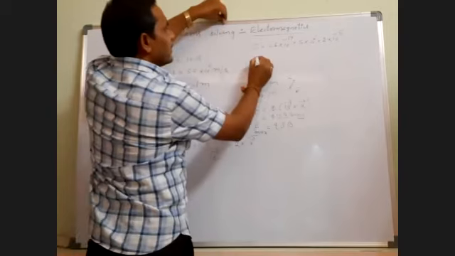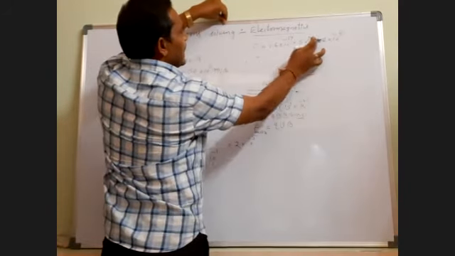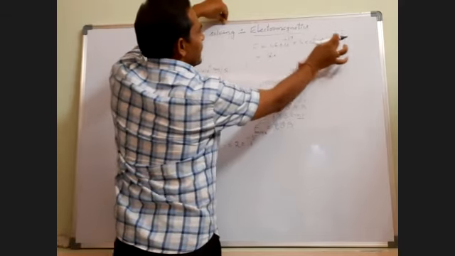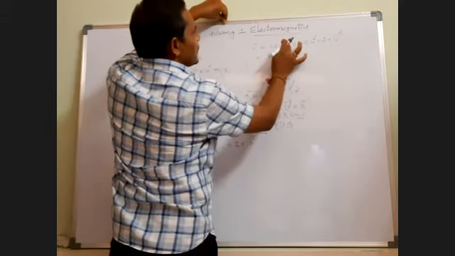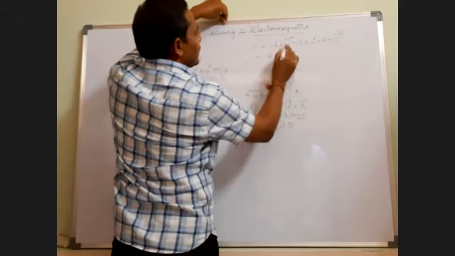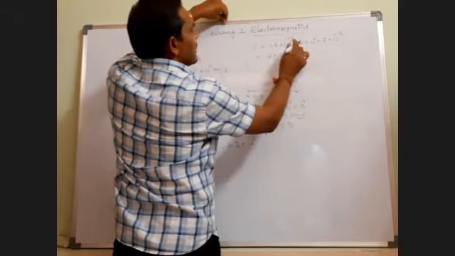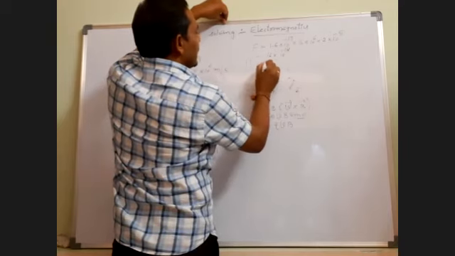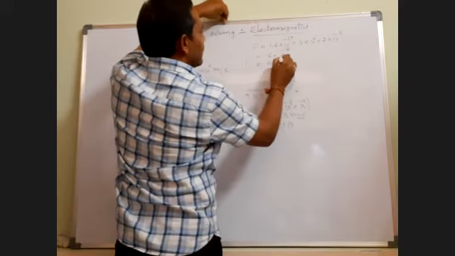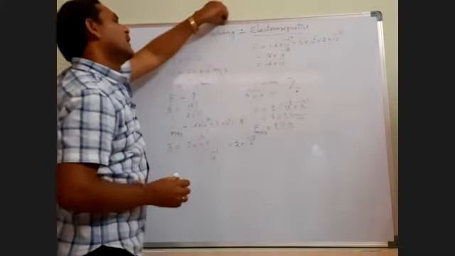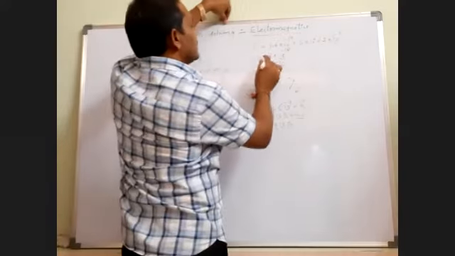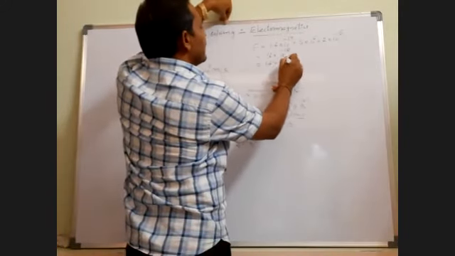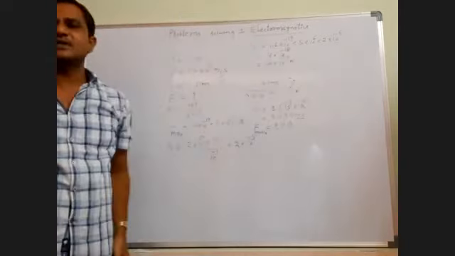That equals 5 into 2 is 10, 10 into 1.6 is 16, 10 power minus 19 into 10 power minus 5 gives 10 power minus 24, and minus 24 into 10 power 6 gives 10 power minus 18. Or you can write 1.6 into 10 power minus 17 newtons. This is the answer.